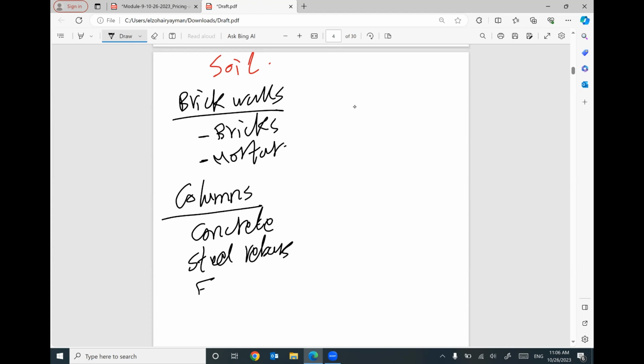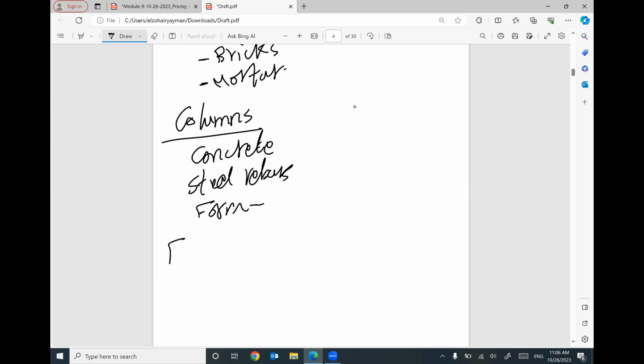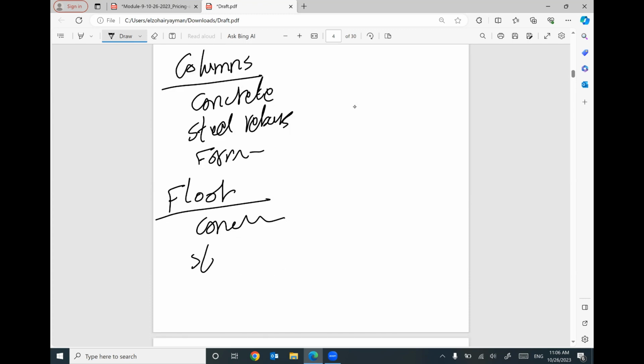how much formwork. If you have slabs or floors, how much concrete, how much steel rebars, how much formwork.